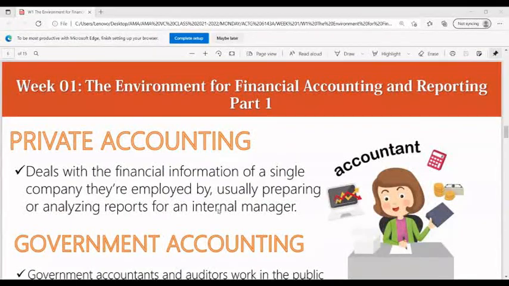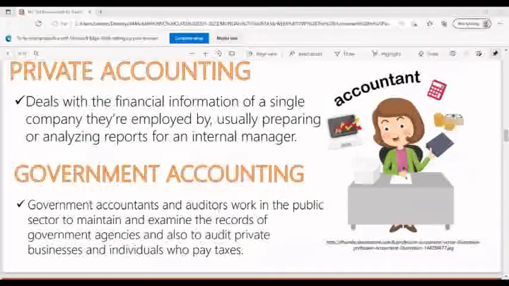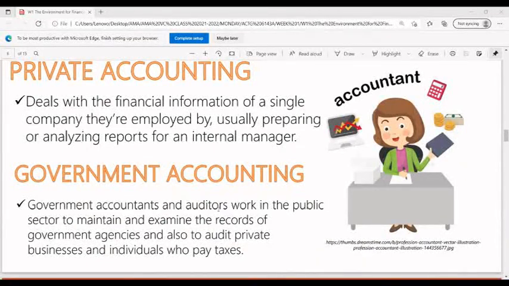So for the private accountant, private accounting deals with the financial information of a single company. They're usually employed to prepare or analyze reports for an internal manager, while government accountants and auditors work in the public sector to maintain and examine the records of government agencies and also to audit private businesses and individuals who pay taxes.